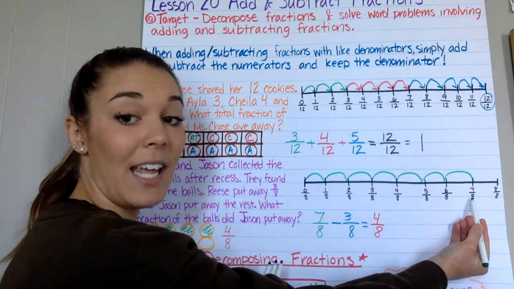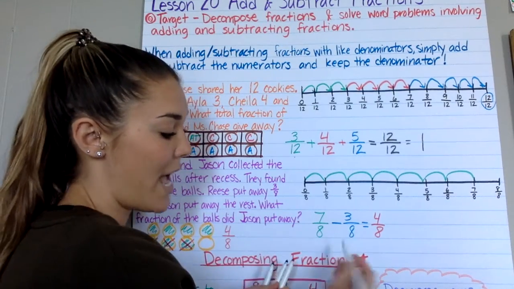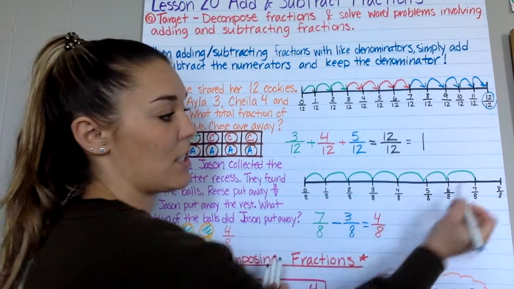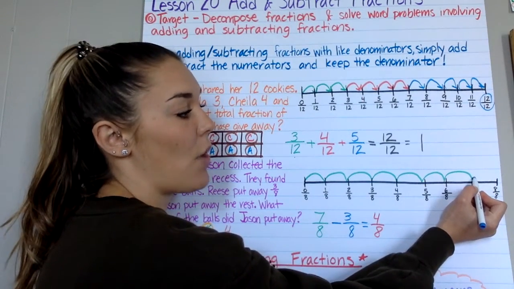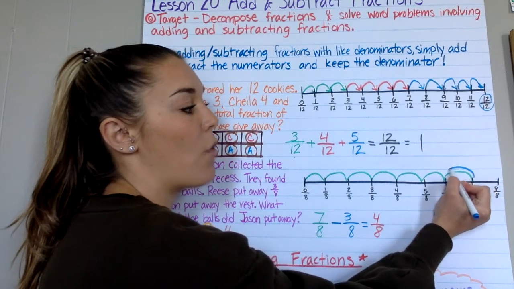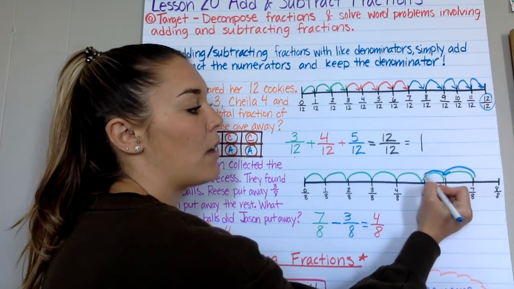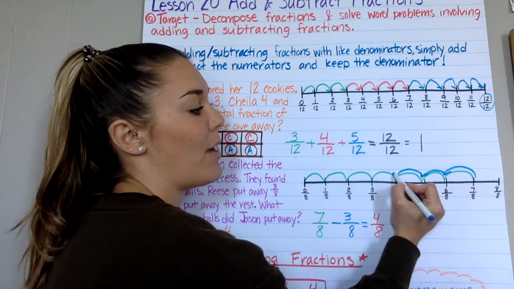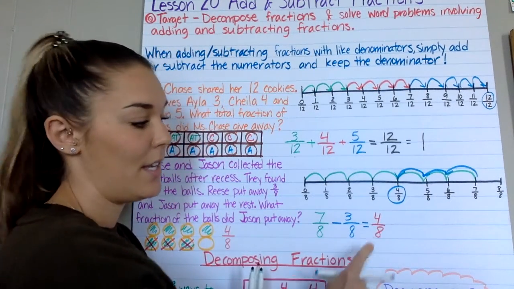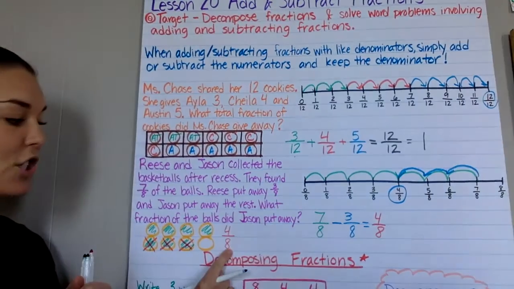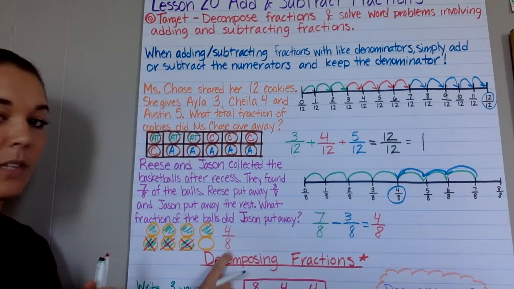Now we need to take away 3/8. So I have to start at my 7/8 and I need to hop back. So this is how I'm going to show it, hop back. I'm going to just draw it a little bit over it. 1, 2, 3. What does that bring me to? 4/8. Just like I found here, and just like I found here, okay?